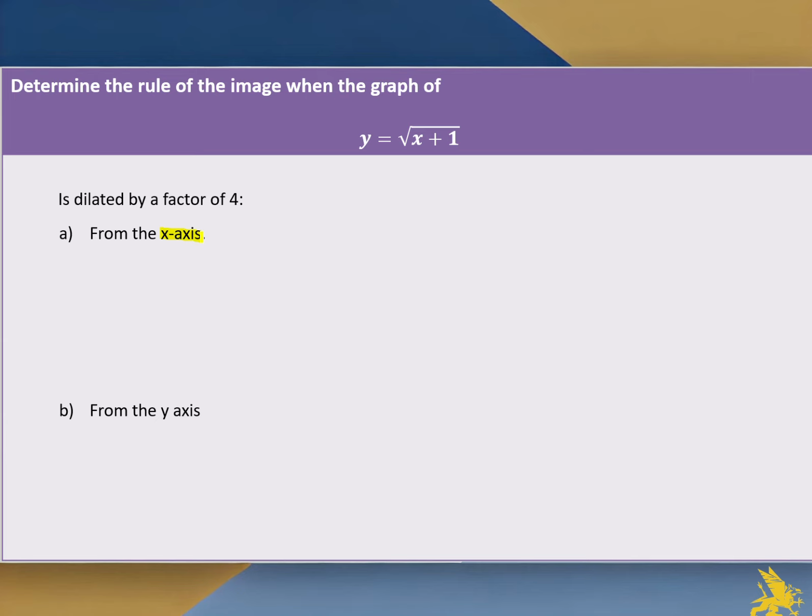So the x value stays the same, but the y value is changing. So all that means is I've got my y value up here. So I'm just putting my factor of 4 on the outside because I know what y is worth. And then I simplify that. So I've got y is equal to 4 square root x plus 1.